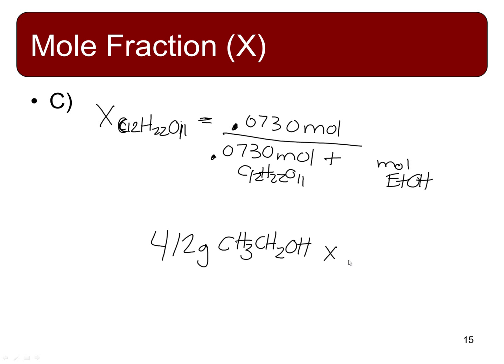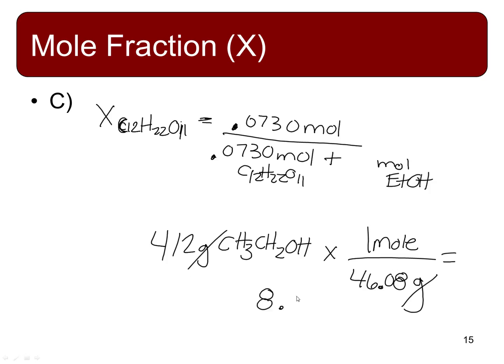So we can add up the molar mass of ethanol. You should get about 46.08. So grams cancel, and we get about 8.94 moles.